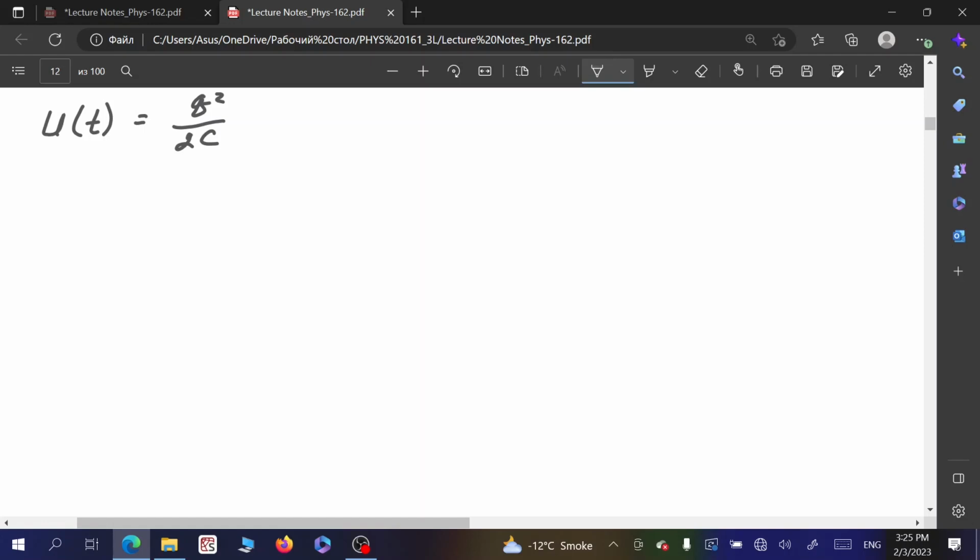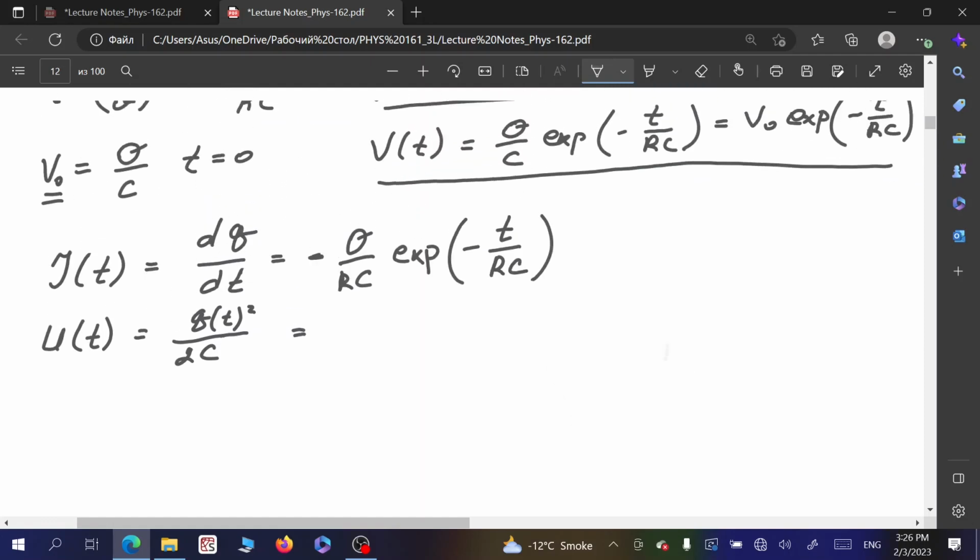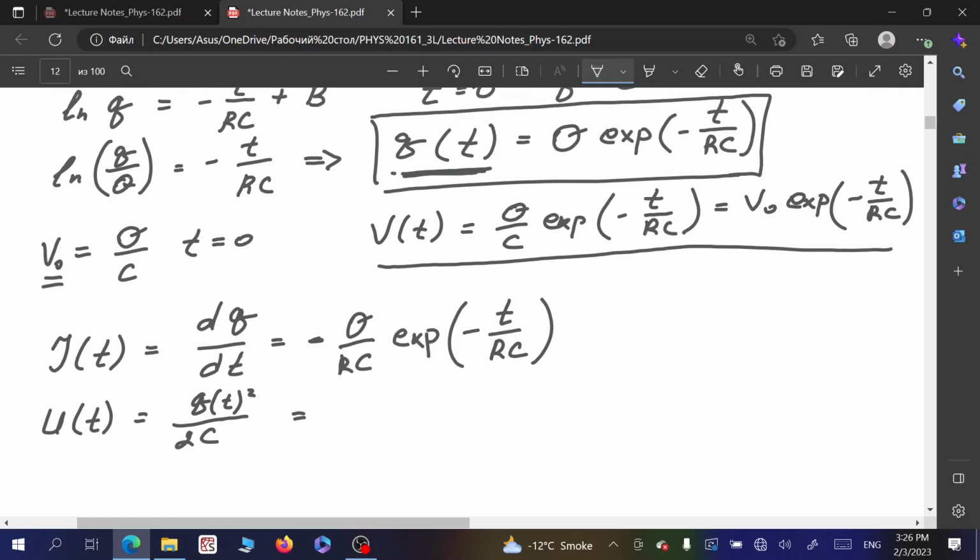So now we know how Q depends on time. So we can write here that Q is a function of time. So let us substitute here the expression for Q. So that is this function. It will be Q squared over 2 times C and times exponent minus T over RC.